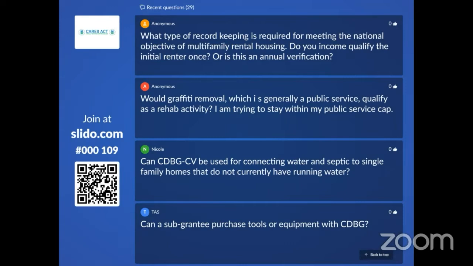And if that's in the contract, it's enforceable because it doesn't contradict the regulations. It's called imposing a period of affordability, which is not required in CDBG, even though I wish it was. Did that answer your question? I presume it did. Okay, let's go to the next.